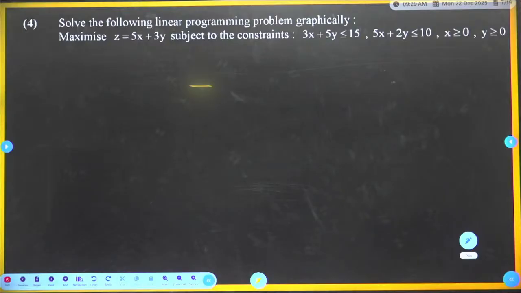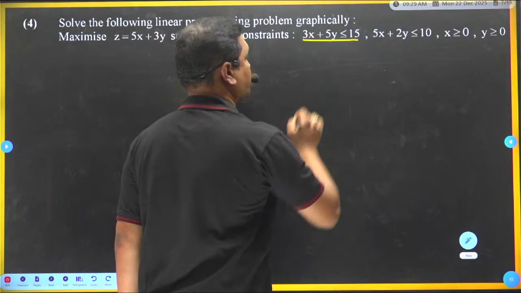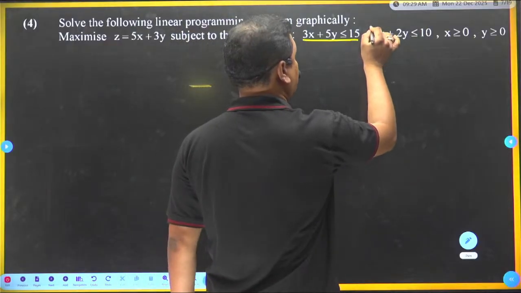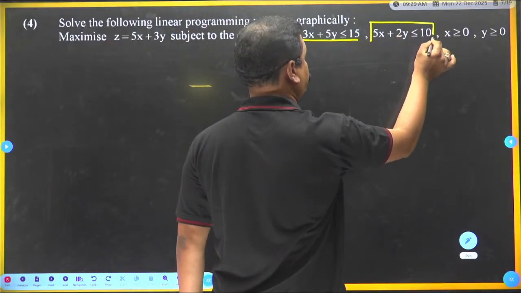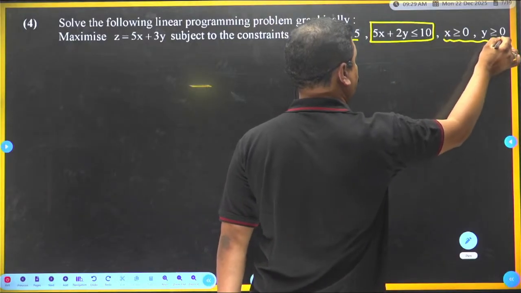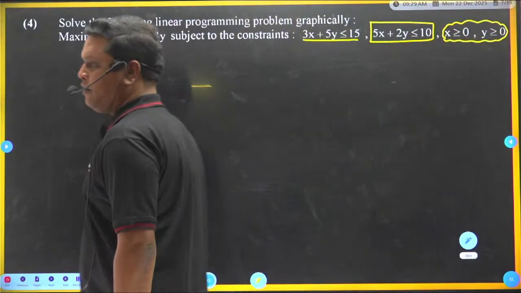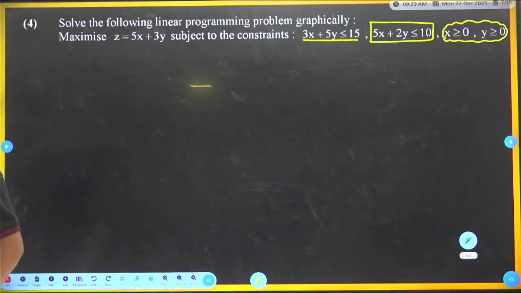Constraints: 3x plus 5y less than or equal to 15. 5x plus 2y less than or equal to 10. Then quadrant is indicated first, so this is the hint. You have to draw the graph in only the first quadrant.